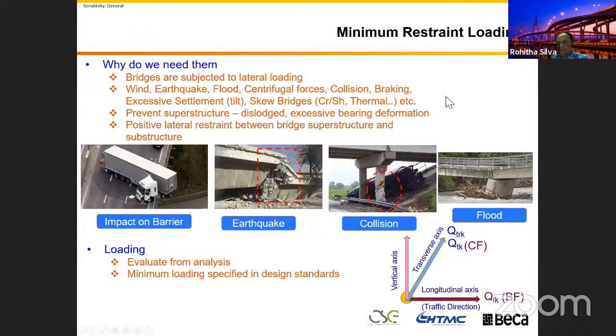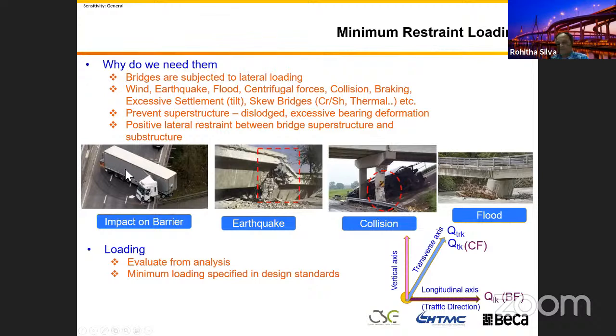The minimum restraint loading in a bridge. Why do we need them? That's the first question. You can see this first picture. You saw this one before. The impact on a barrier, the truck comes and hits it, right?